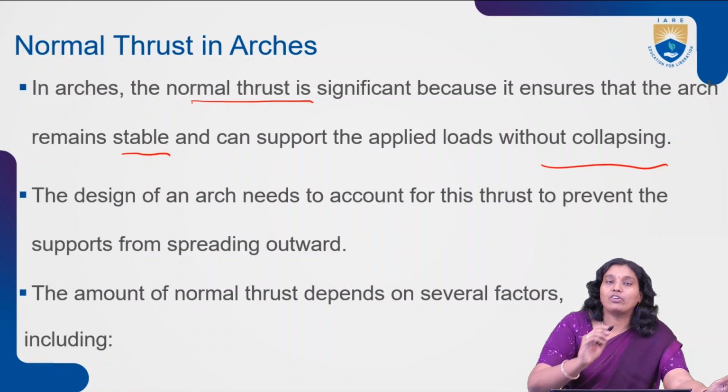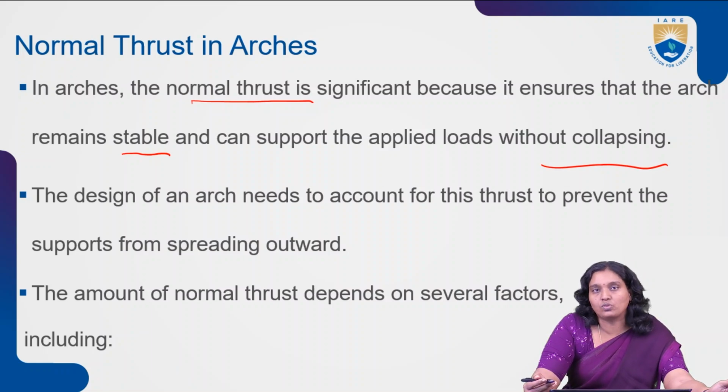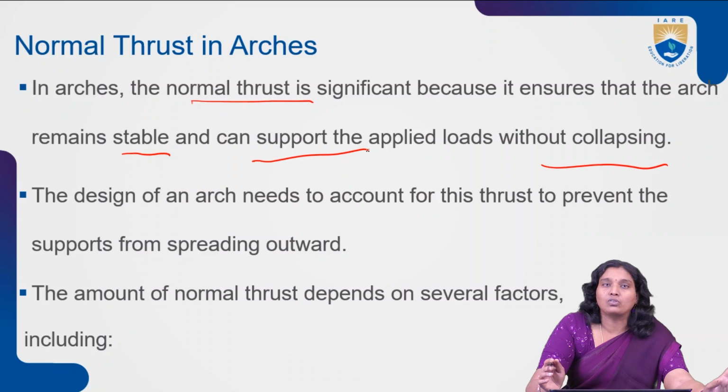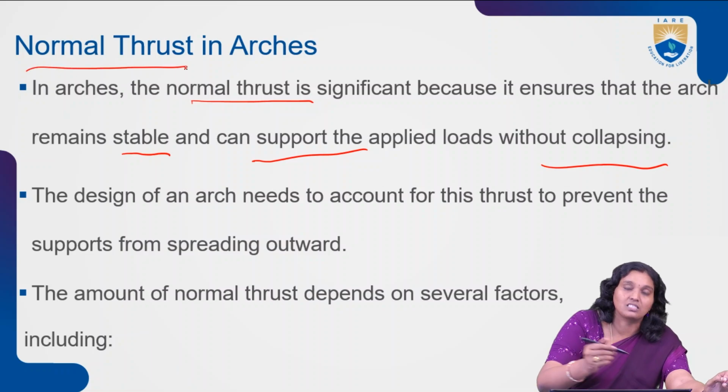Whenever we apply various kinds of loads, those are concentrated loads, uniformly distributed load, point loads, and also variation throughout the complete arch, they are going to support applied loads without collapsing. This is the significance of understanding normal thrust.